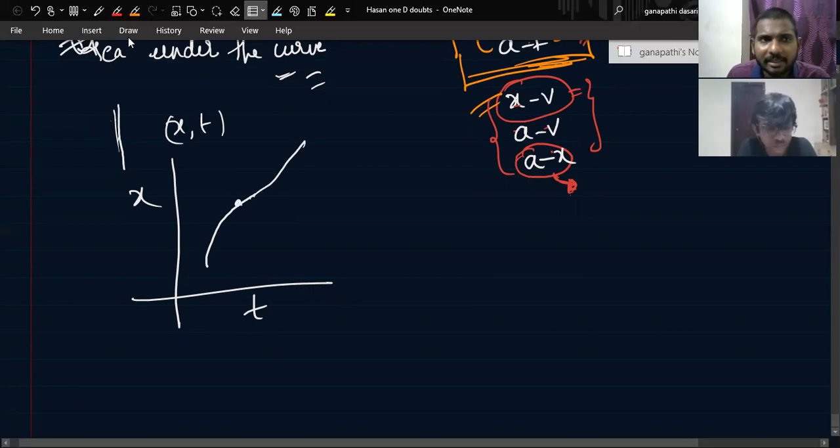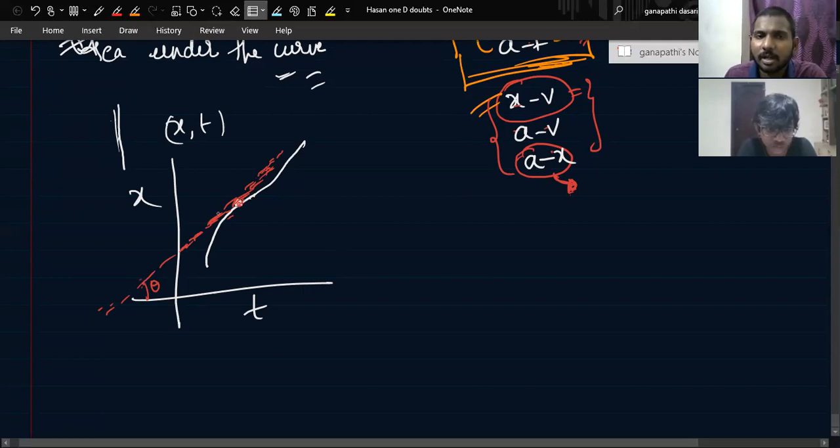At any point, the slope is the tangent passing through that point, and the slope of this tangent is the slope of the graph at that point.